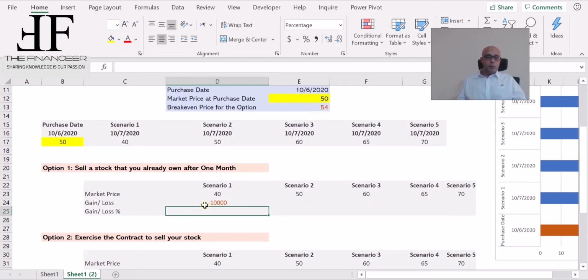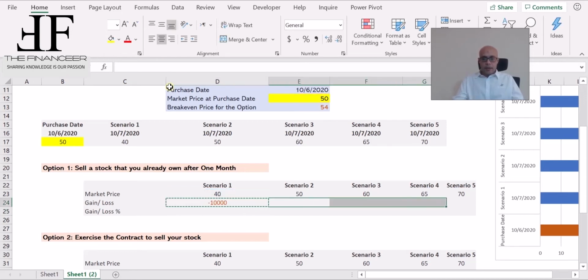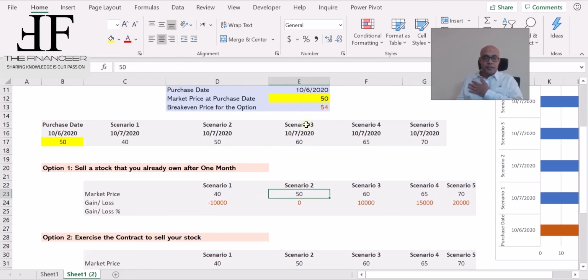Okay, now if you would like to calculate the same formula for other scenarios, we are going to make some absolute references here, locking some of the cells, and this will be the remaining gain and loss for the other scenarios. So in scenario number 2, because you are going to sell at 50 and this is the same price that you purchased at, you don't have any gain or any loss. But starting from scenario number 3, you are going to start achieving some gains because the market price starts to increase over the purchase price of the stock.